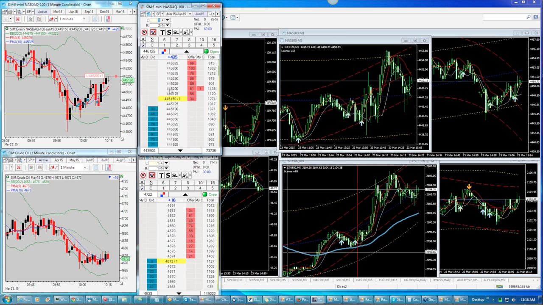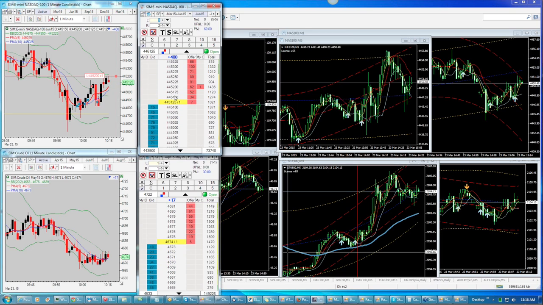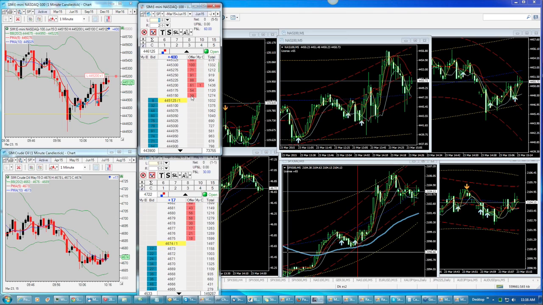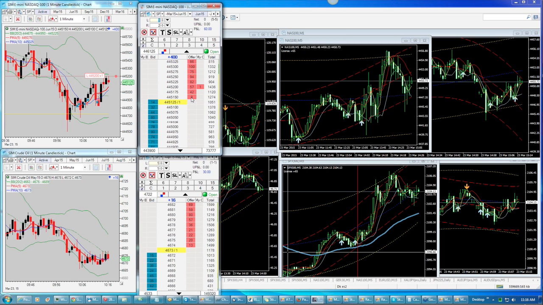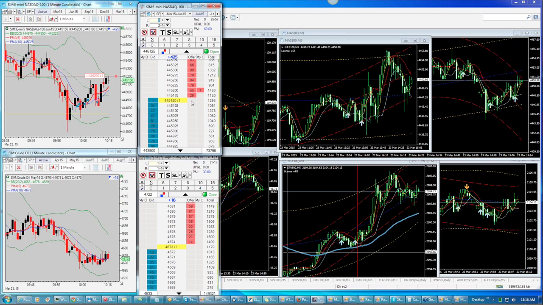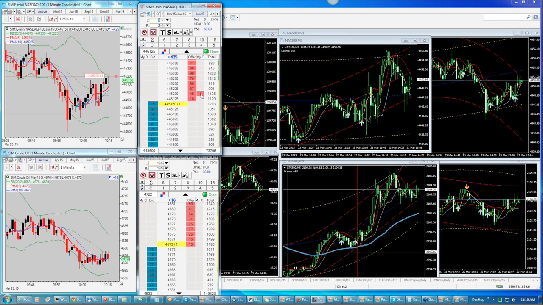Now see, it traded at 52, but I didn't get filled. It actually means it's weaker. The 5 minute looks more bullish though.